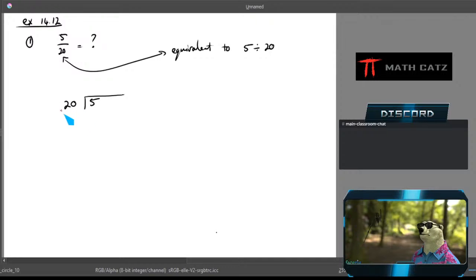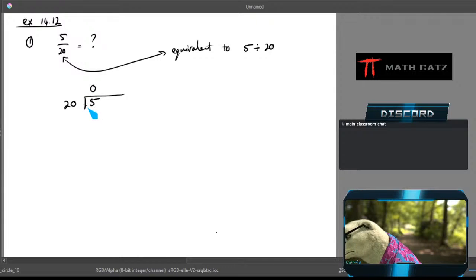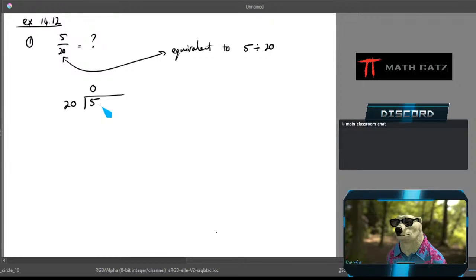So we start by saying 20 goes into 5 0 times. Then I still have something left. I now need to keep going until I don't have a remainder anymore. So I'm going to have my decimal place, and then just shift my view, just like we shifted our view from thousands, hundreds, tens, ones, and so on. I'm just going to keep shifting it to the right. And when I do that, the method doesn't change.